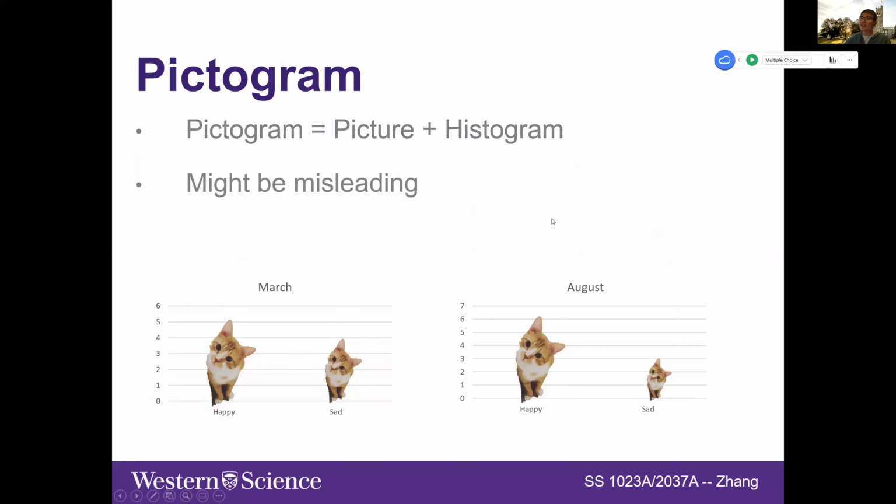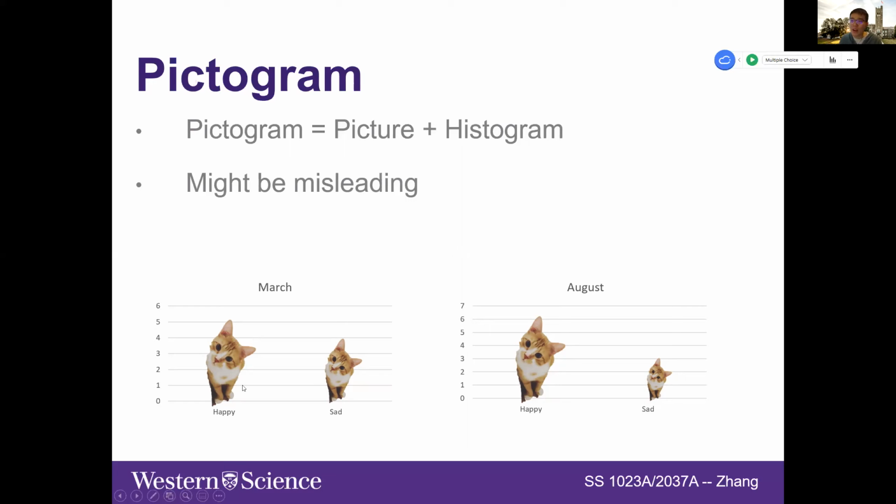Definitely there are a lot of variations of the bar graph. For example, there is something called a pictogram, which is a combination of pictures and the histogram. Instead of a very boring bar, we use certain specific pictures which have some specific meaning to present our ideas.